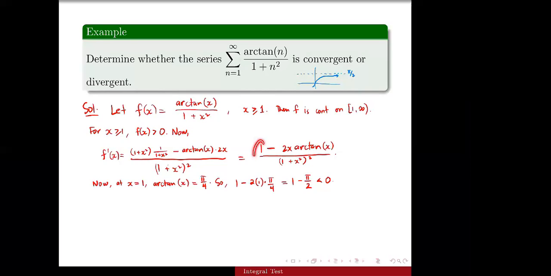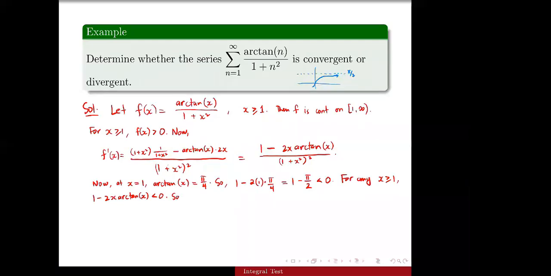Now, the 1 is fixed. As you increase x, the value of 2x arctan of x also increases, because your arctan is increasing only, and of course your x is also increasing. So for any x greater than or equal to 1, 1 minus 2x arctan of x is less than 0.